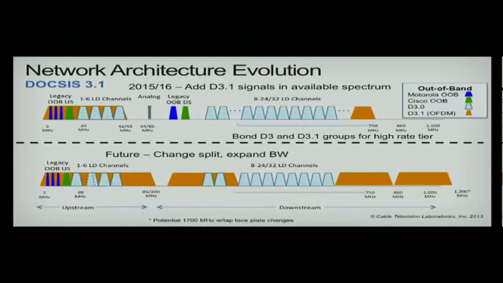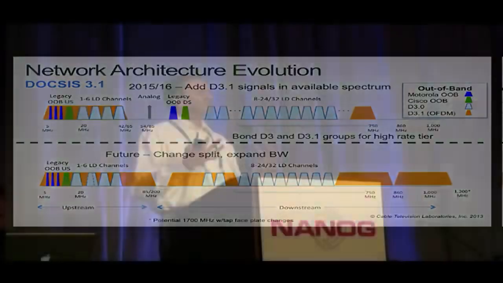You start introducing them either in overlapping bandwidth, and you do some kind of FDM or TDM for those, and you bond across the legacy DOCSIS 3.0 channels and the OFDM DOCSIS 3.1 channels. And then in the really long term, either you turn off some of the DOCSIS channels and just do OFDM, or you have a mix of both, and you're just bonding across those. And you also change the split from 45 to, say, 85 or 200 megahertz.